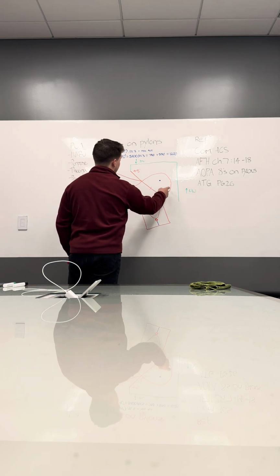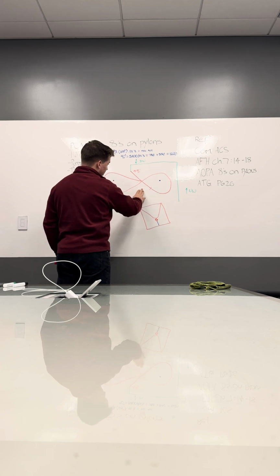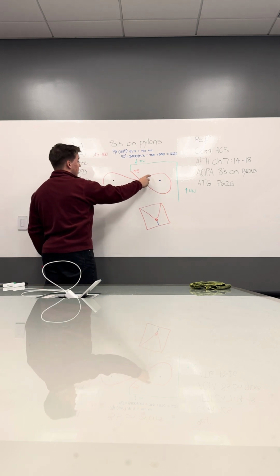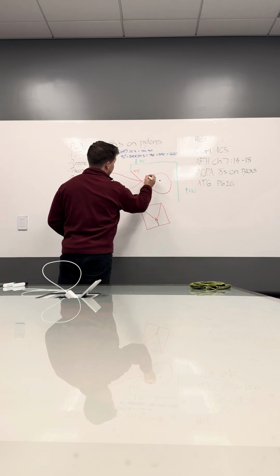So as you go around, you make one move around the first pylon, and then you're going wings level right about the opposite side.